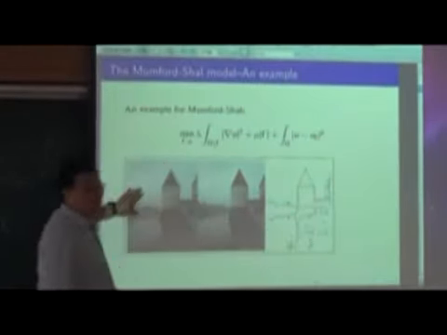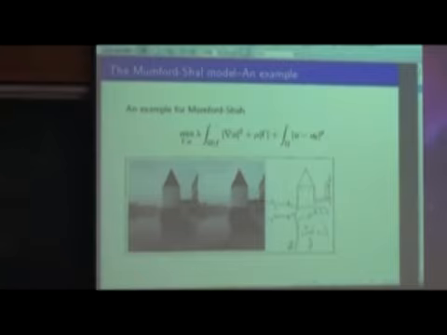So the discontinuities are the crucial things for image processing. So this is the general Mumford-Shah model. In fact, exactly the same model in the discretized setting was already proposed in gamma.